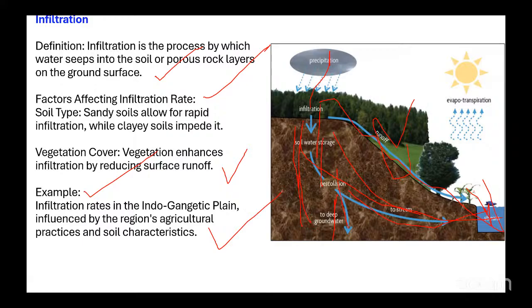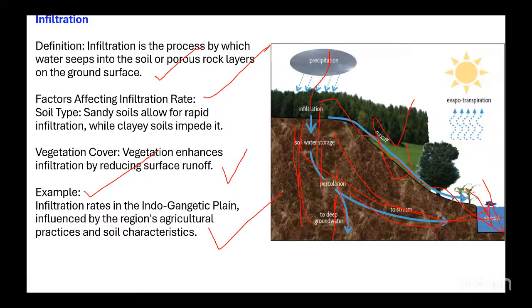So when alluvial fields or sandy fields or recent river fields are present, where deltas are present, a higher rate of infiltration will occur, and a lesser rate of runoff will occur.